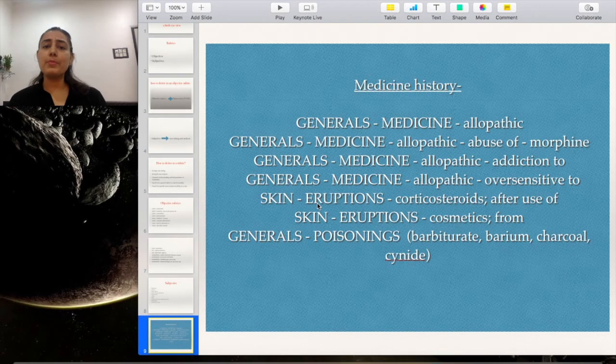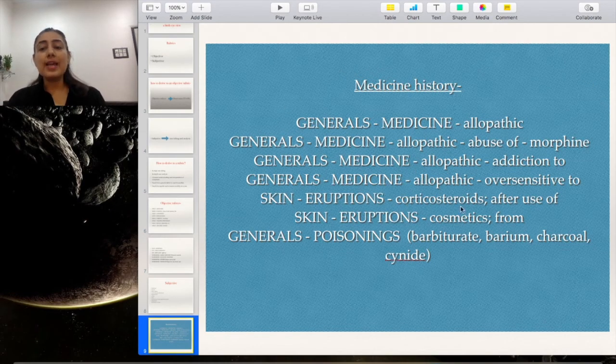So whenever a patient comes with a reaction after an allopathic medicine, a sudden reaction, sometimes a patient will tell you, doctor, I had this particular medicine XYZ, and after that I started developing loss of memory. I was fine before that, but after this I developed loss of memory. Or if a person says, doctor, I was okay till I took this painkiller, but after that I do not know, I developed asthma or I developed joint pains. So generals, medicine, oversensitive to; generals, medicine, allopathic, reaction to, sudden. These are very important rubrics.